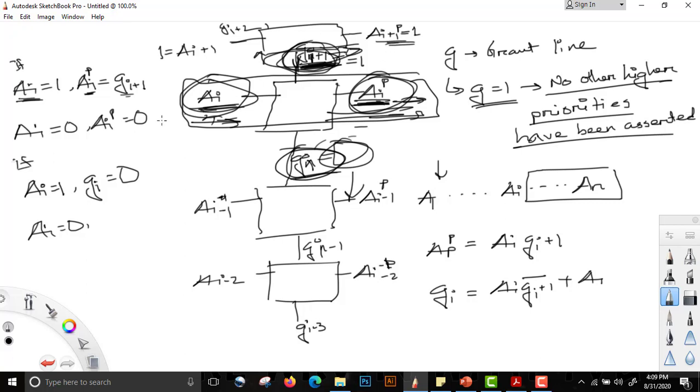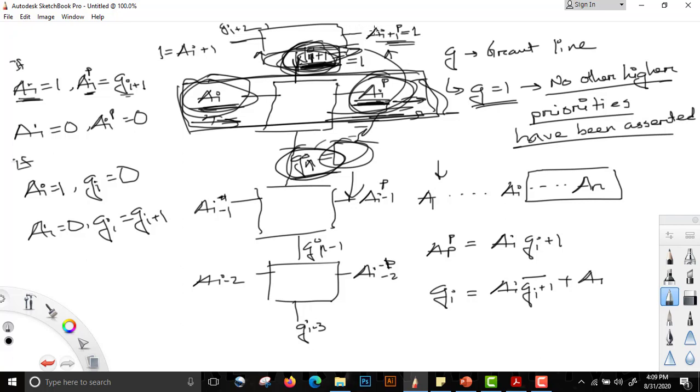So this GI will be the same as that which was provided as the input of this block, that is GI would be GI plus 1. Why will that be GI plus 1? That will be GI plus 1 because priority hasn't been asserted in this case. If priority has been asserted in a higher stage, then GI plus 1 will automatically be 0, and that will make GI equal to 0.